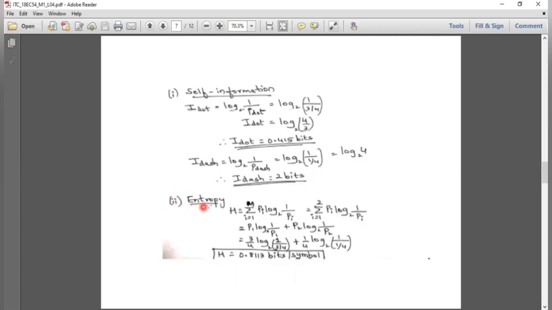Second, we need to compute what is entropy or average information. Entropy is given by summation i equals 1 to m of p i log of 1 by p i to the base 2. We have two events occurring, a dot event and a dash event. Therefore, m value is 2 and p stands for probability.